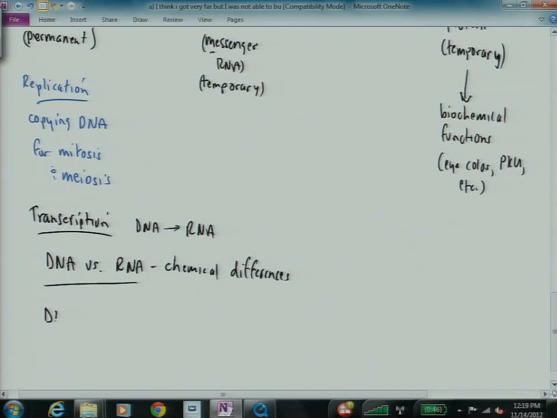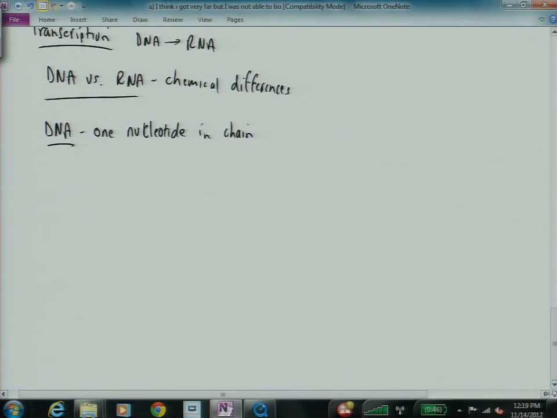If I look at DNA, I want to show you one nucleotide in a chain. I want to sort of zoom in, all right? And DNA's goal, by the way, is, well, let me put that down in a second. Let me get myself a little more space for this diagram. In a chain, there's going to be the previous nucleotide. And you guys saw some of this in the pre-lecture quiz for last week's lecture.